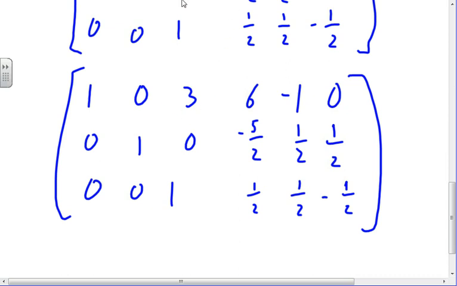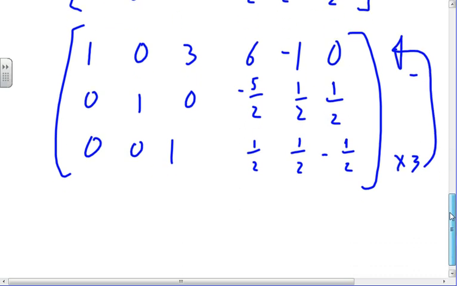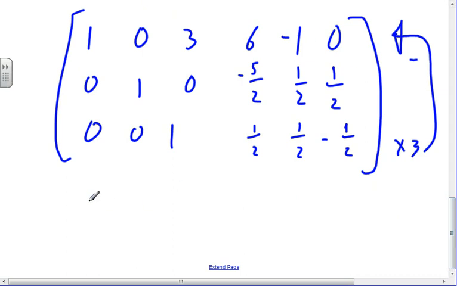Okay, now I want to make that 3 go away, so I'm going to go times 3, and I'm going to subtract. 1, 0, 0. 3 halves subtracted from 12 halves would be 9 halves. 3 halves subtracted from 2 halves would be minus 5 halves. 3 halves minus 3 halves subtracted from 0 would be 3 halves.